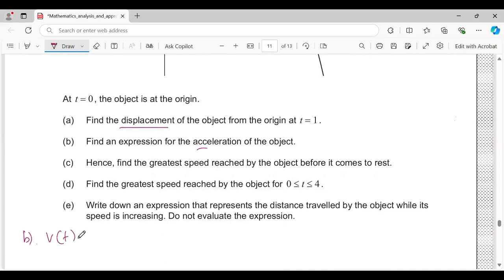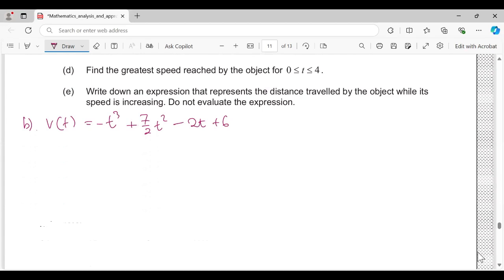The velocity function is minus t cubed plus 7 half t squared minus 2t plus 6. So acceleration equals minus 3t squared plus 7t minus 2. This expression is for acceleration.